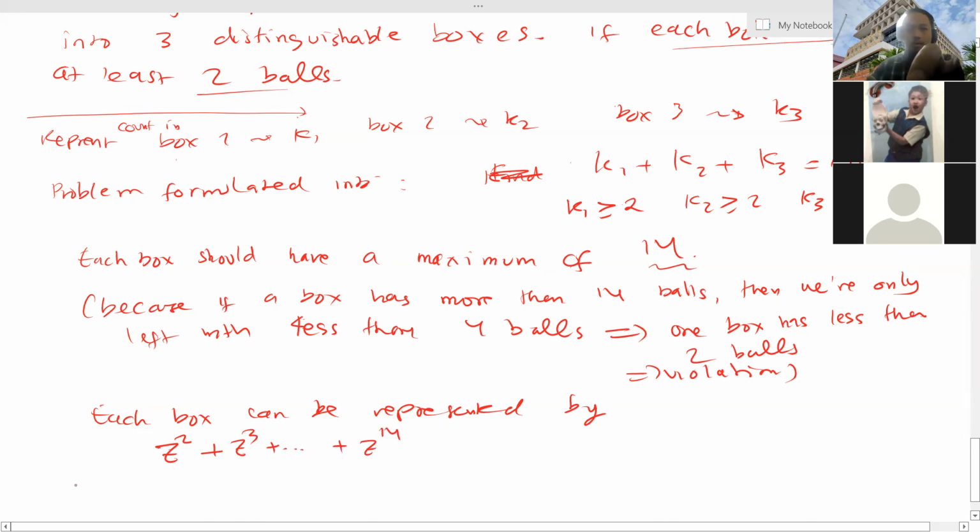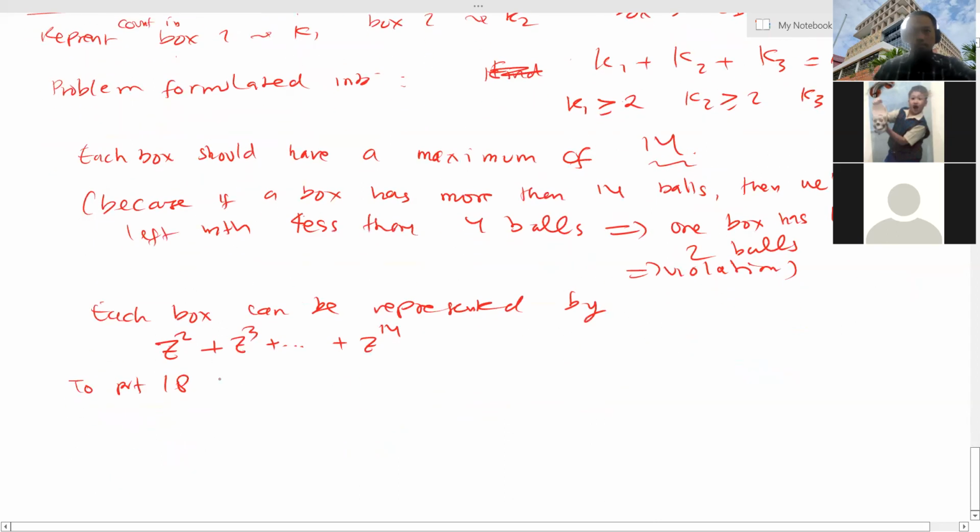And so to put 18 balls into 3 boxes, here we need to find the coefficient of z to the power of 18 from this expression.